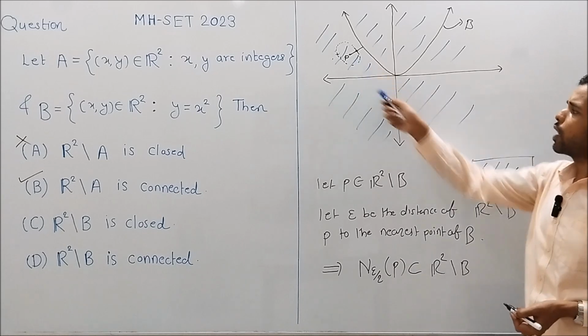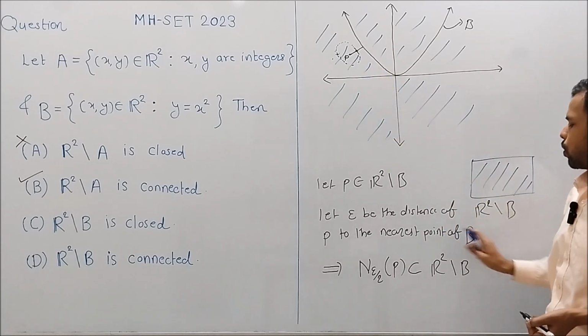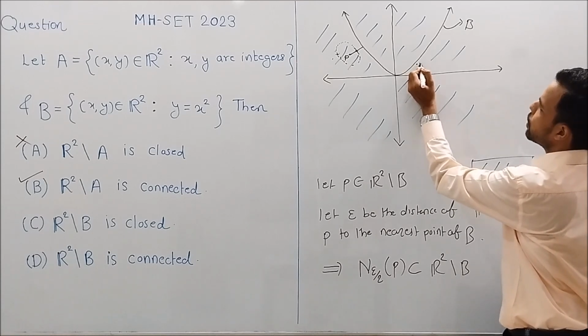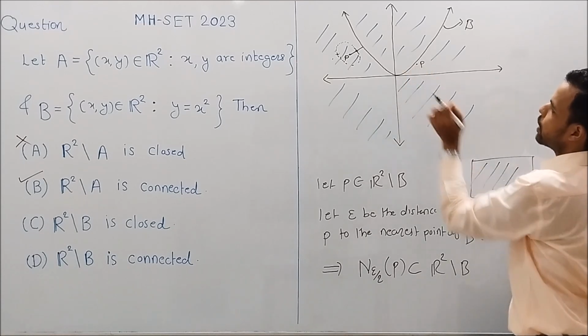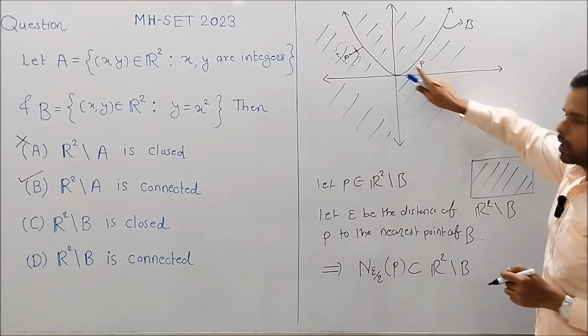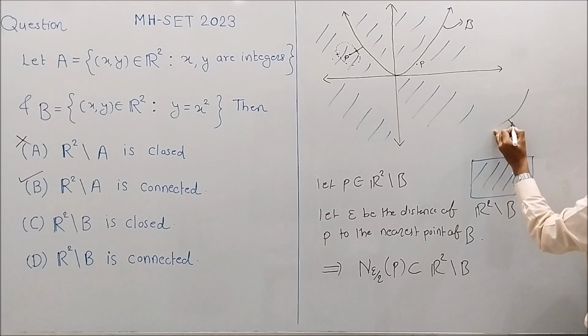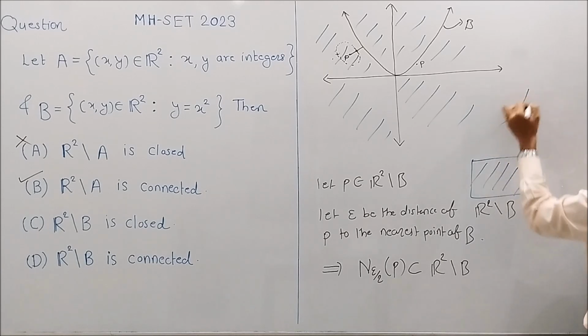And this is true for every point P belonging to R2 minus B. You can take point P very near to B. It will look like this. This is P, and this is the distance of P from the nearest point on the parabola.